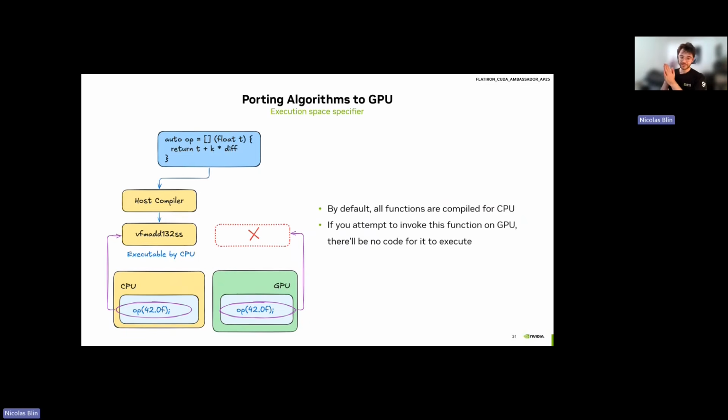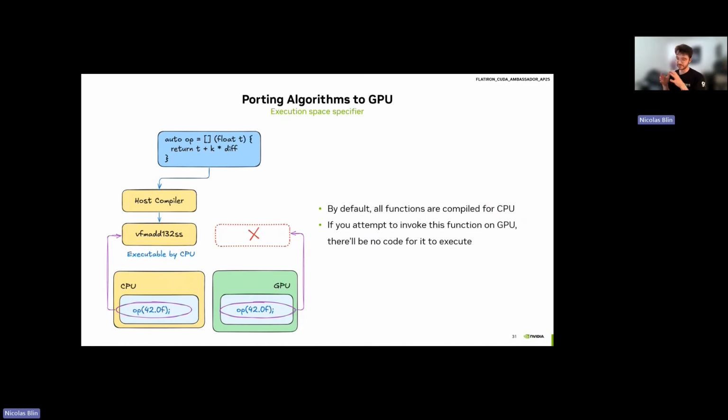So we had this lambda at the top, where we did the computation. And if you were on the CPU, the host compiler will translate that to an FMA instruction that can be executed on the CPU. But that's where execution space comes in. We don't want the code to be executed on the CPU.